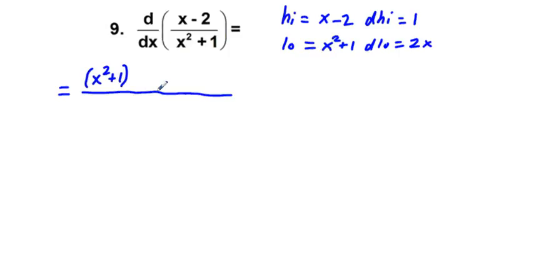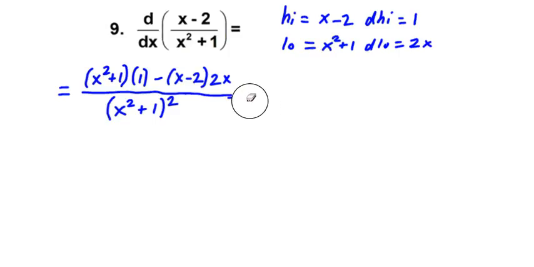Low d high, well, d high is 1, minus high, well, high is x minus 2, times d low, and what is d low? 2x. And what is that going to be over? That's going to be over low squared, quantity x squared plus 1 squared.